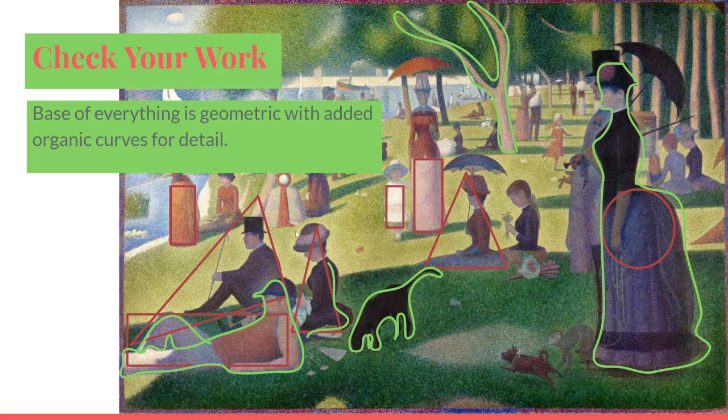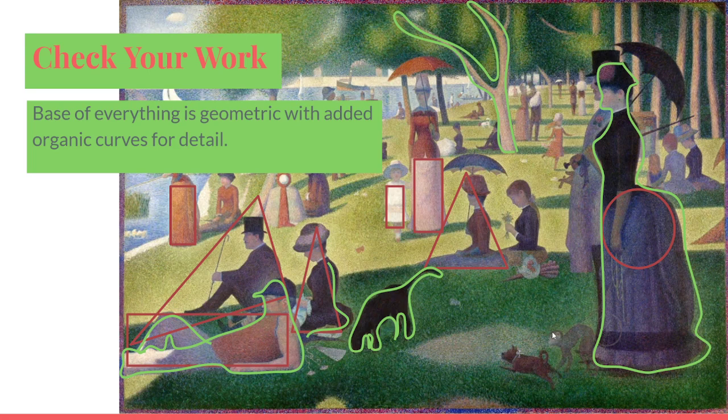We have this in the background. All these rocks and things are trapezoids. But we also have organic shapes in these branches of this tree over here. These animals form really organic shapes, and we could break them down. If we were going to draw an up-close image of an animal, we would break it down into shapes like a circle for the head and an oval for the body, and then have the legs move.